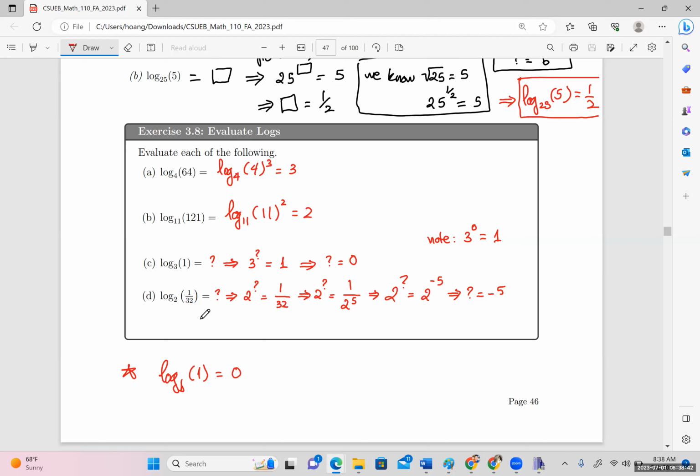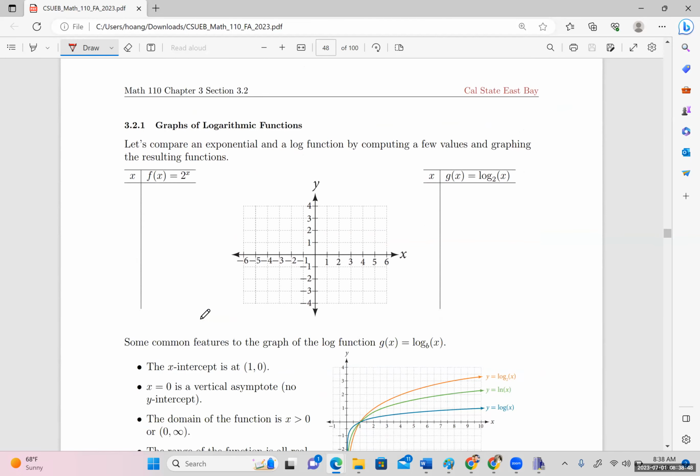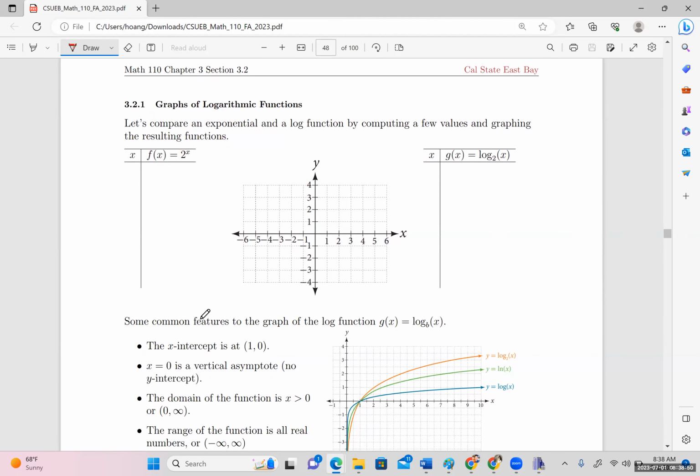So let's move down and talk about the graph of the log function. Let's compare the exponential and the log function by computing a few values and graphing.